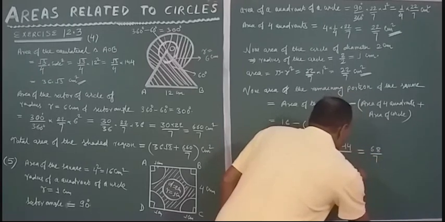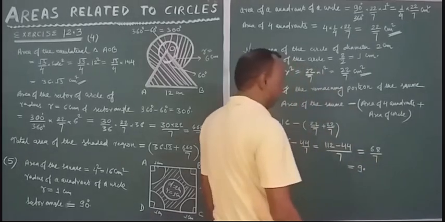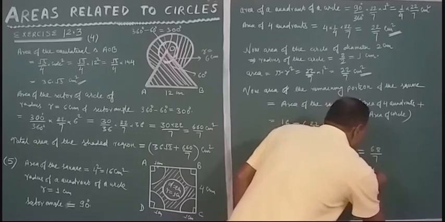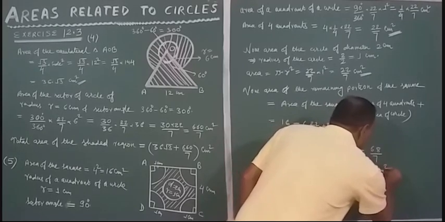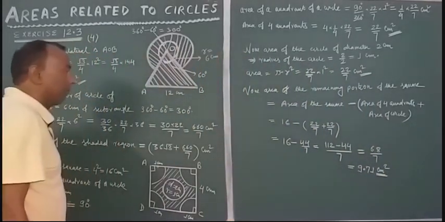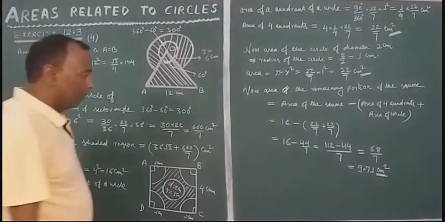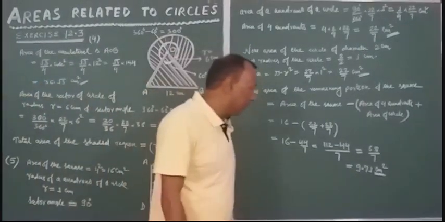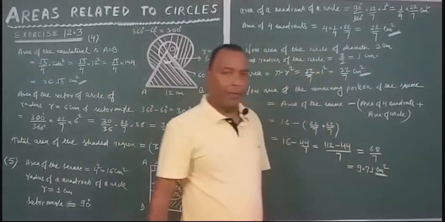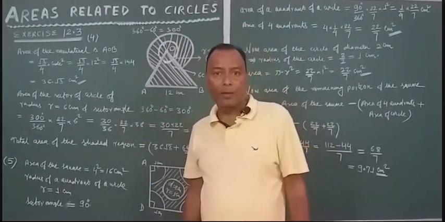So that is 68 upon 7, which is 9.71 centimeter square. So what will be the area of the remaining portion of the square? That will be 9.71 centimeter square, or you can write 68 upon 7 centimeter square. So that's all for today. Thank you very much.